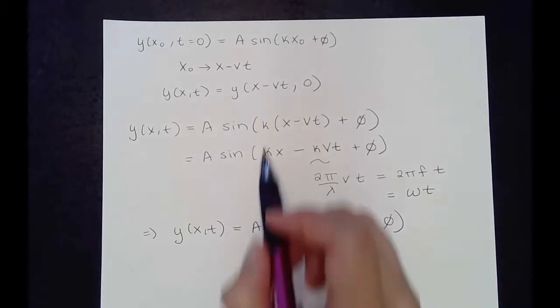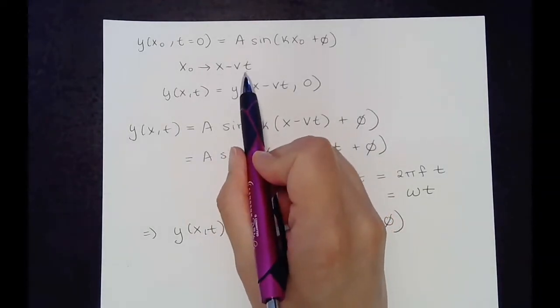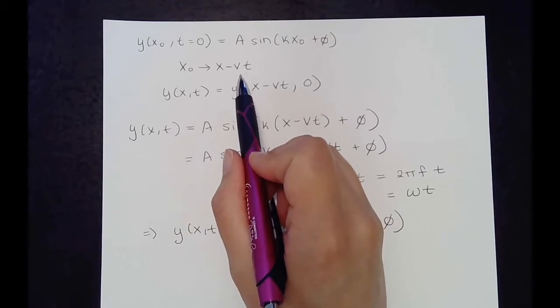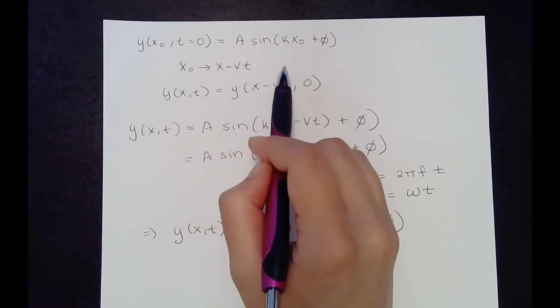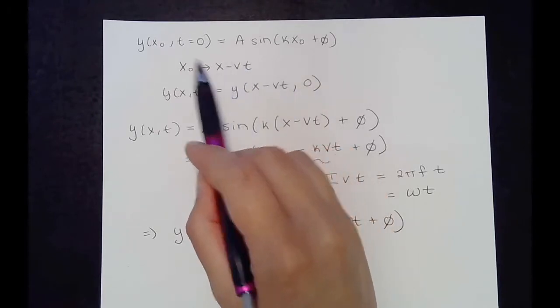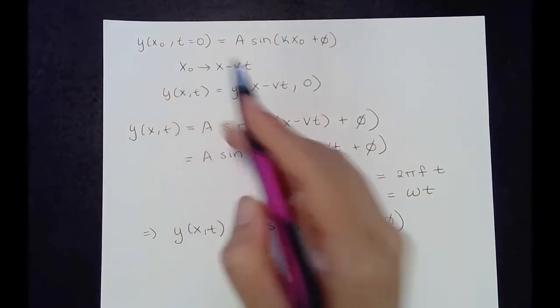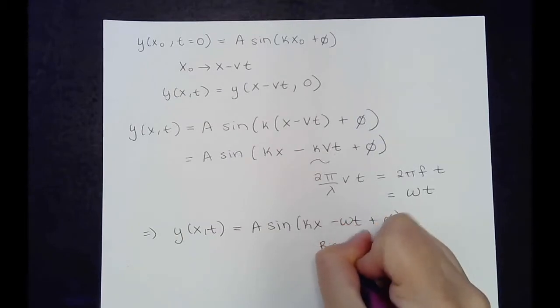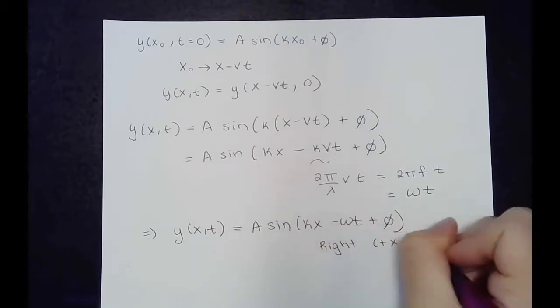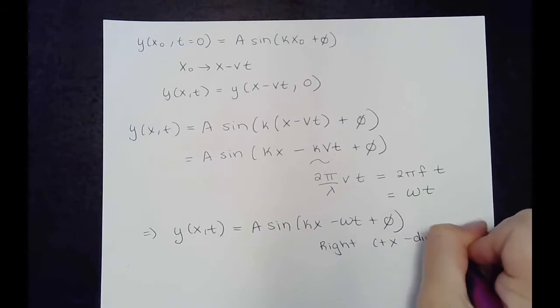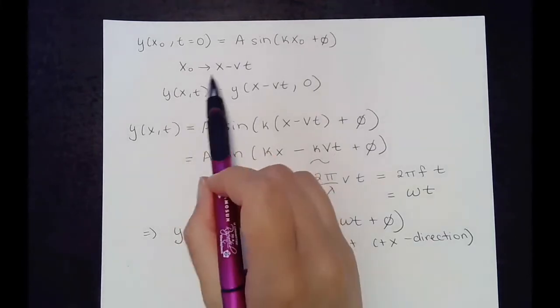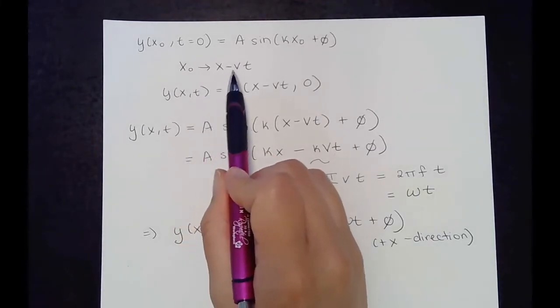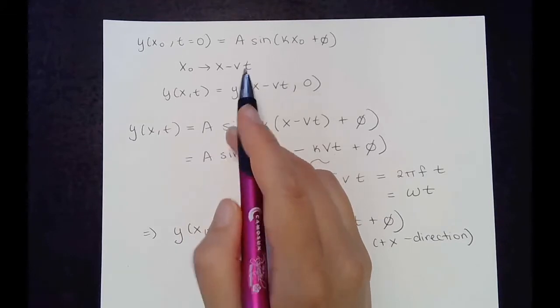Now, when I said that this is the distance that the wave moves in time t, I was assuming it was moving to the right, and that's why we subtracted that to get back to the initial position. So this is for a wave moving in the plus x direction. We could repeat this same derivation, and I could say x naught goes to x plus vt for a wave moving to the left.